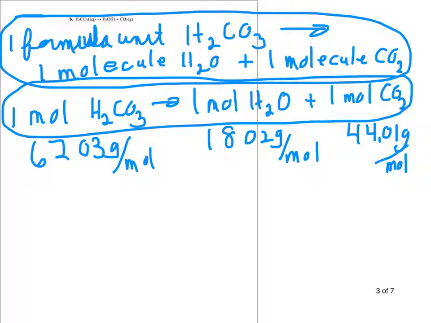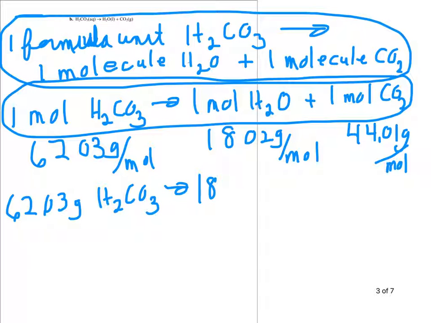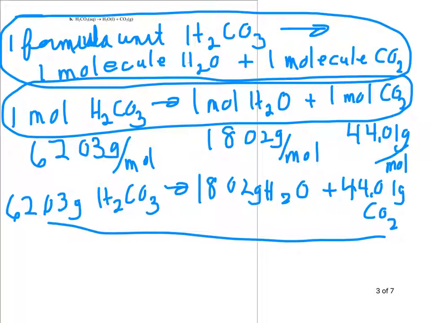Each one of these is 1 mole, so it is just going to be 62.03 grams of the H2CO3 decomposes to form 18.02 grams of H2O and 44.01 grams of the CO2.